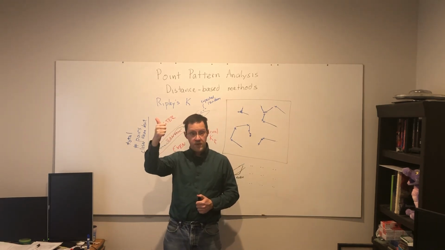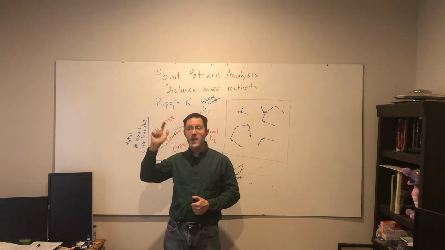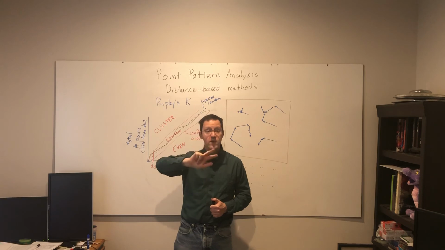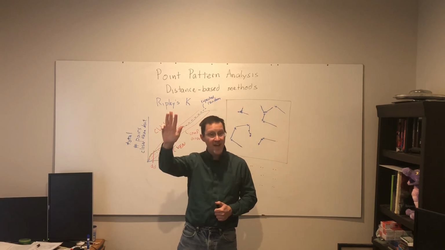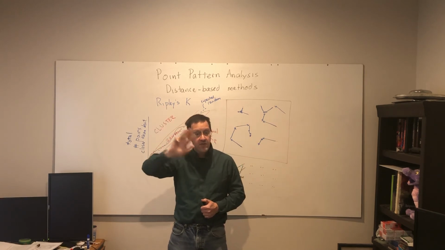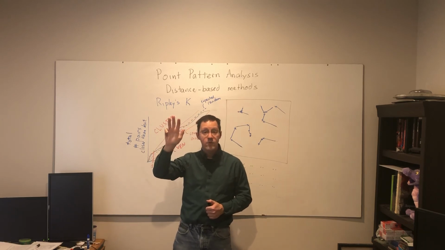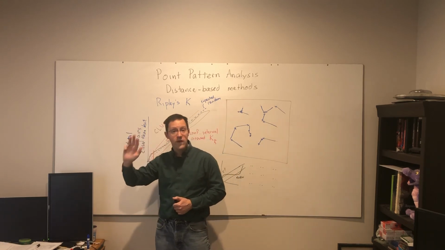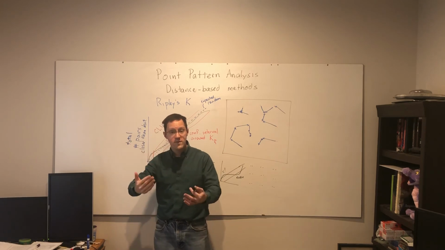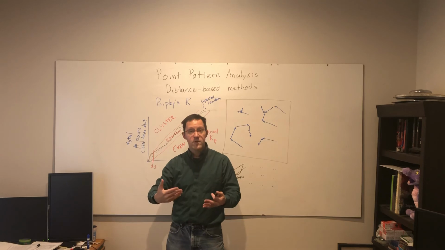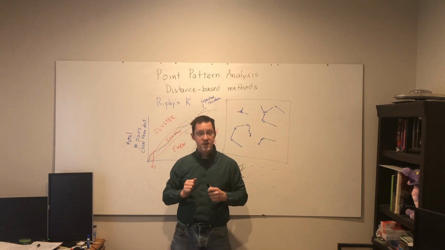We have the nearest neighbor statistic and Ripley's K here as 2 distance-based methods. We have the variance to mean ratio and quadrats with chi-squared as density-based methods. There is no requirement for them all to agree because they are approaching this question of, are my points even, random, or clustered, from a slightly different perspective.